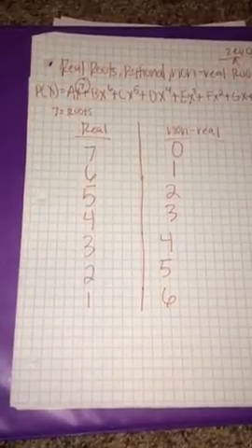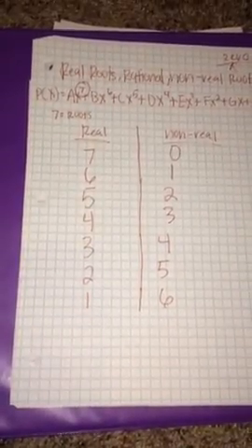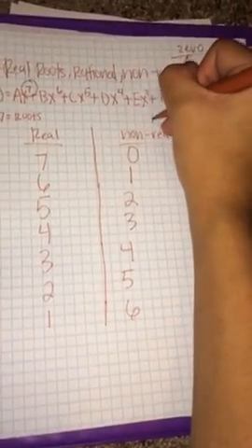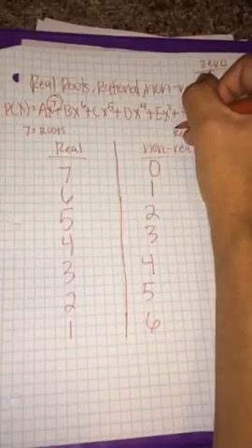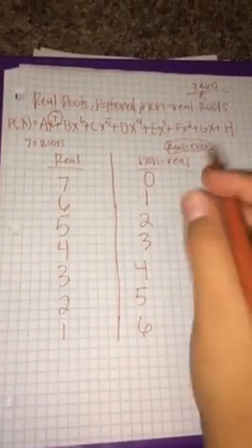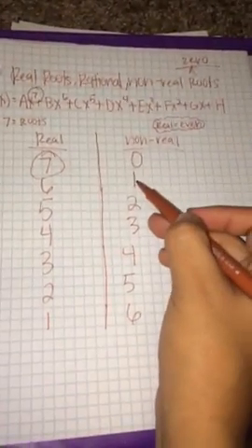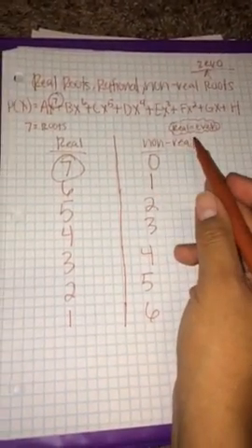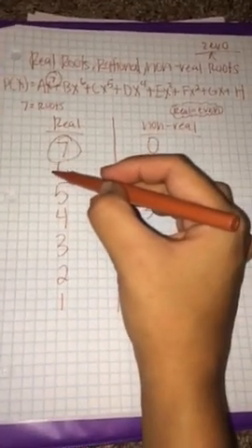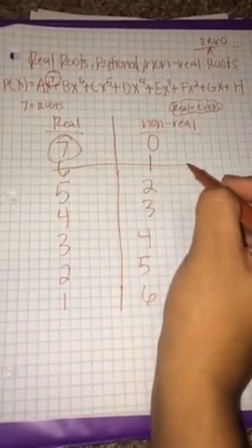And now, the ones that are real roots, they have to be even. So in order for it to be a real root, it has to be an even number. So 0 is right because that's a 0. So we know that this one works. A 1, that is not even, so that is a non-real root.